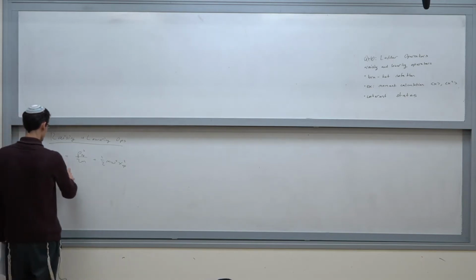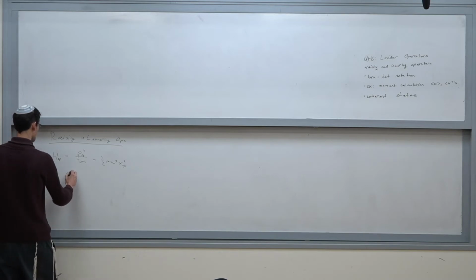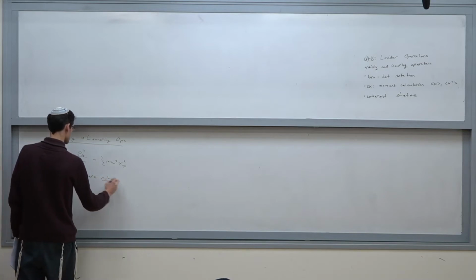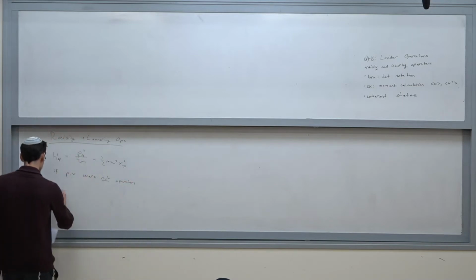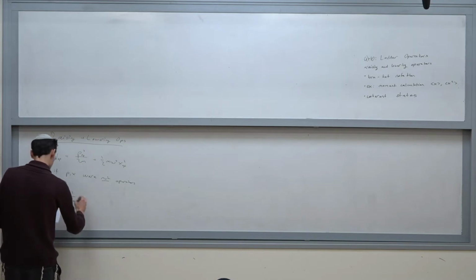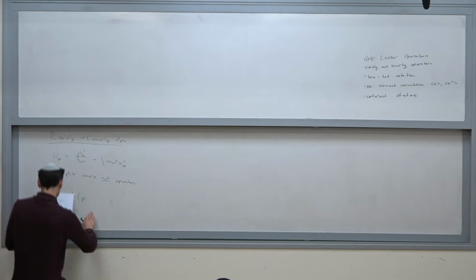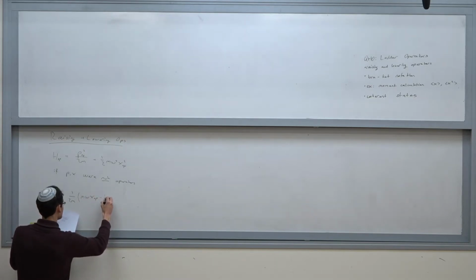Now, what I'm going to write down next is wrong, but if p and x were not operators, then we could write, and you can verify this quite simply, m omega x plus i p operator times m omega x minus i p operator.